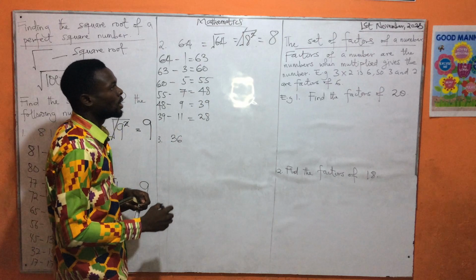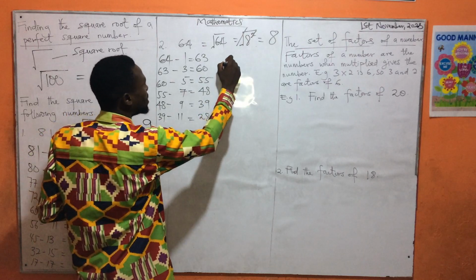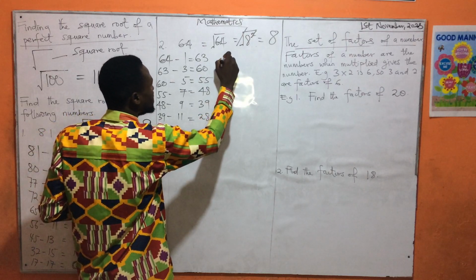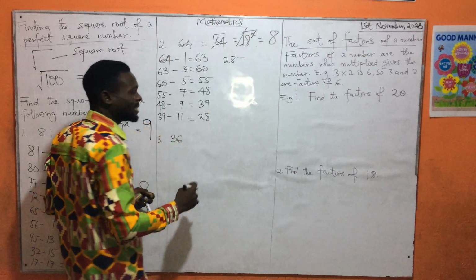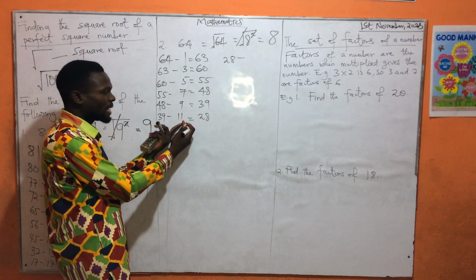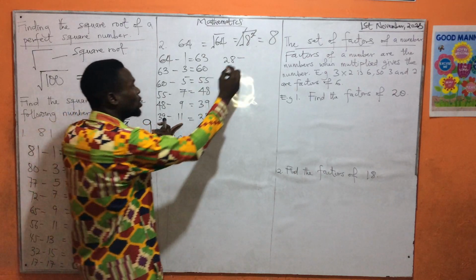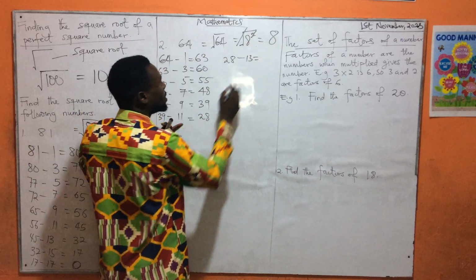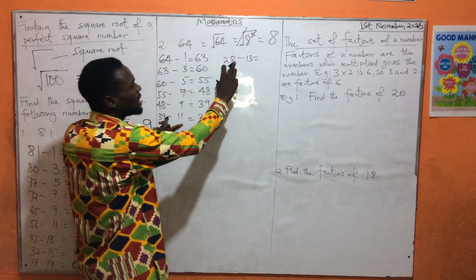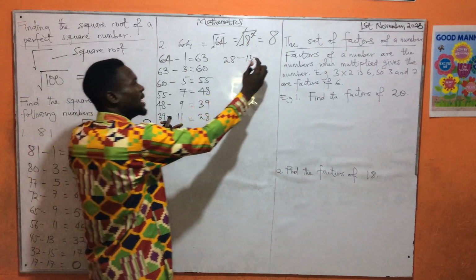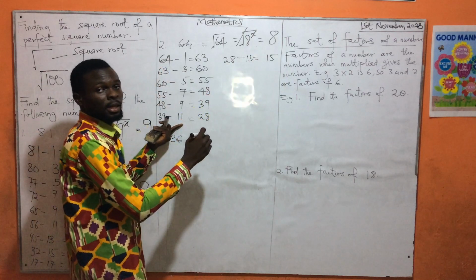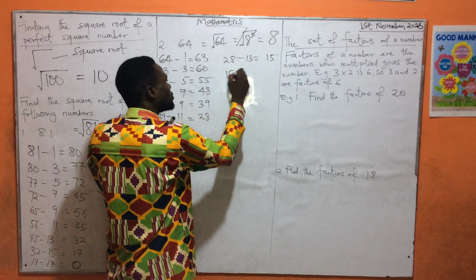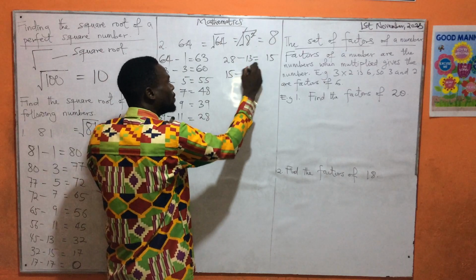28. So with the result 28, I am going to subtract the next odd number. After 11, we go to 13. Now if I subtract 13 from 28, it's giving me 15. Then with the 15, subtract the next odd number, which is 15.